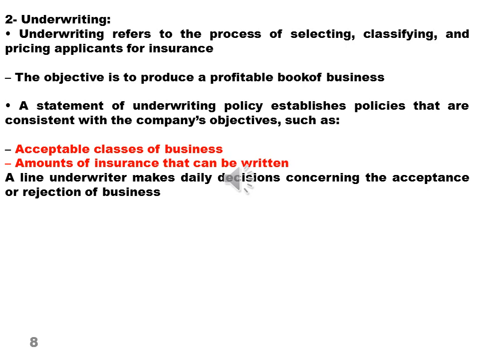The objective is to produce a profitable book of business, so any insurance contract, as I stated in the previous lecture, must achieve profit. A statement of underwriting policy establishes policies that are consistent with the company objective, such as acceptable classes of business.